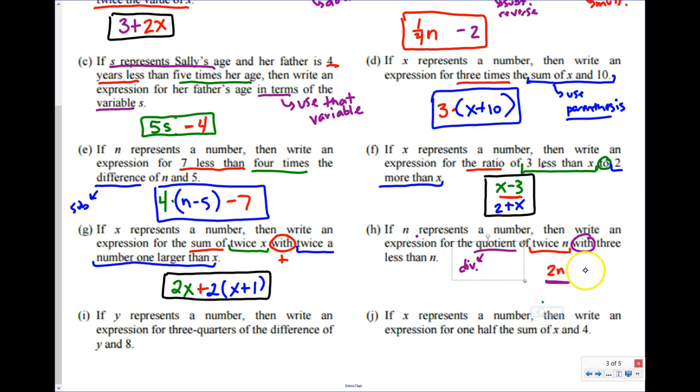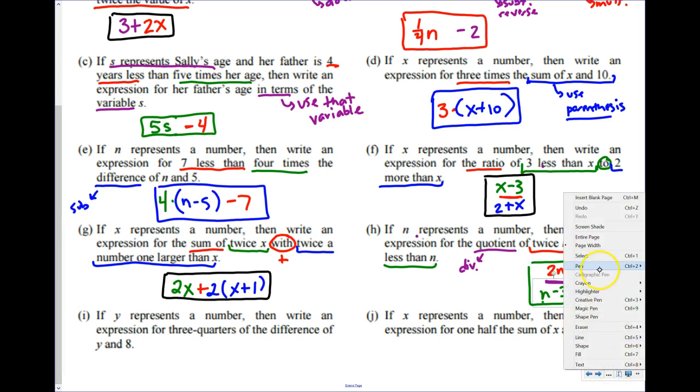Well, 3 less than n is n minus 3. So 2n over n minus 3. Now I'm using the different colors because I'm hoping that as you go through here you can see that the colors represent where I'm translating the phrases. So where you see the underline, that should match where your math is.